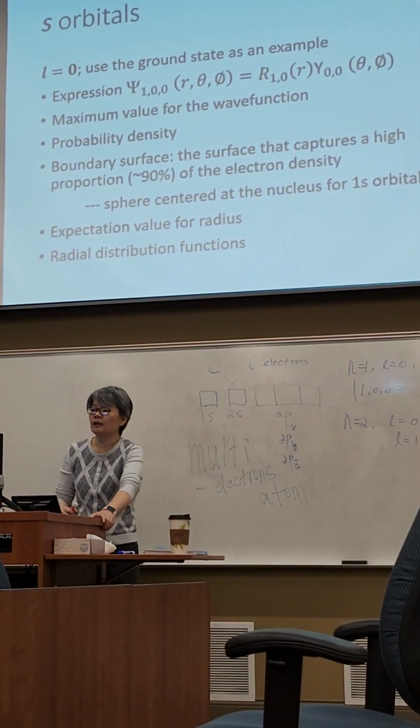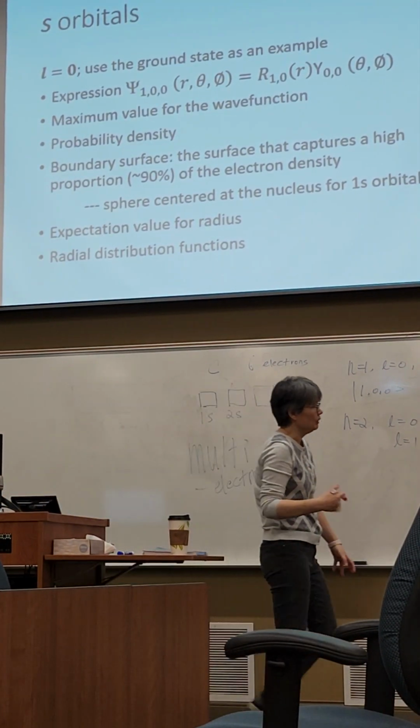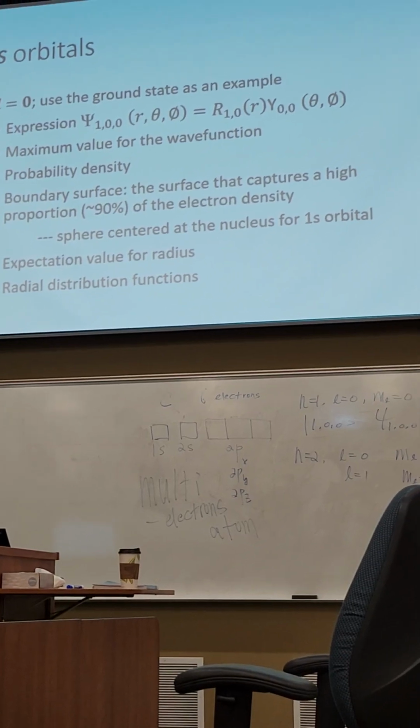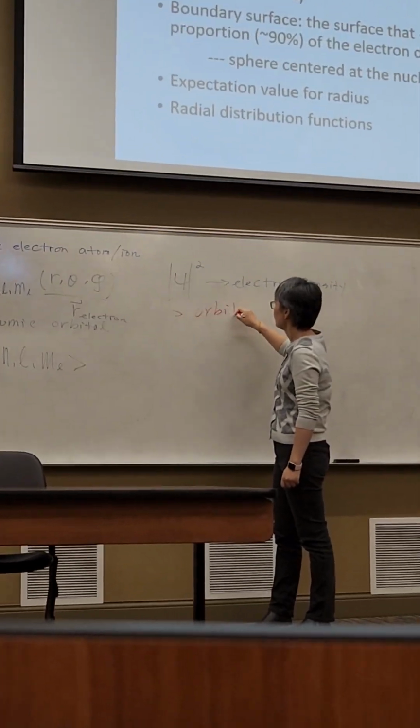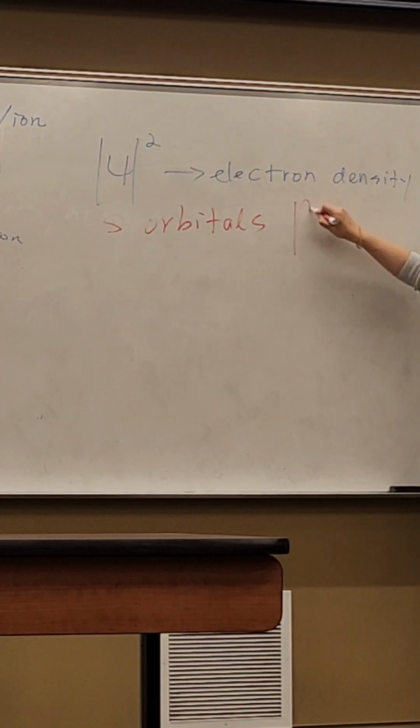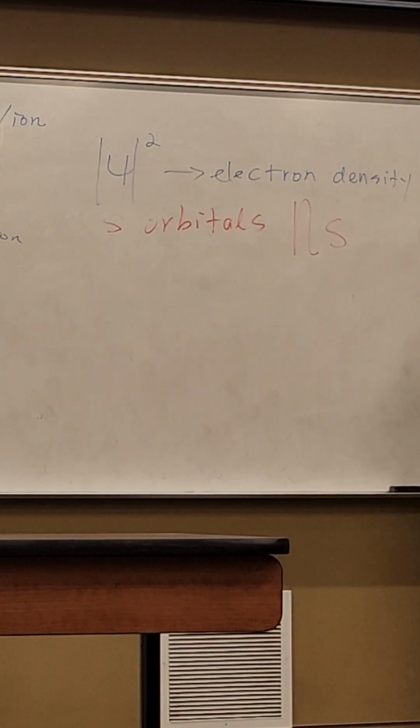All right, so if we look at the s orbital, then generically I will have ns.